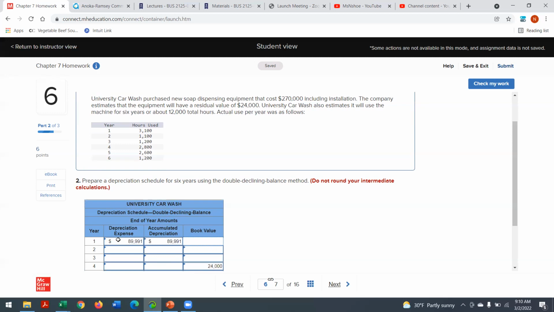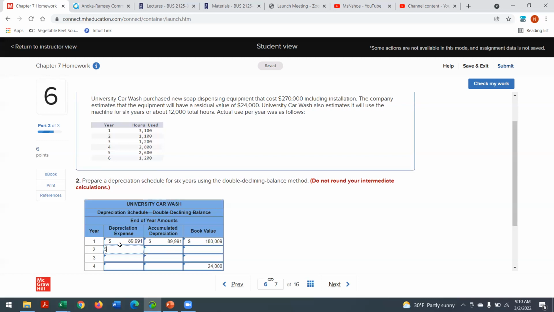270,000 minus 89,991 gives us a book value at the end of year 1 of 180,009. Then we're going to take 180,009 times 33.33%.